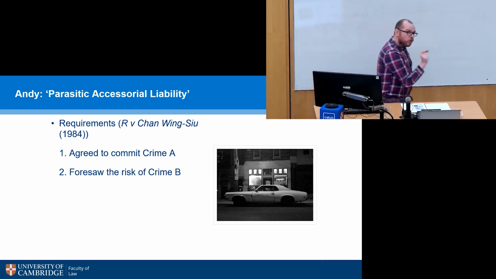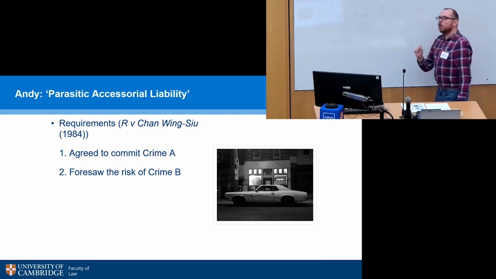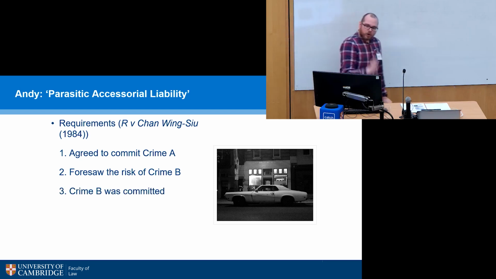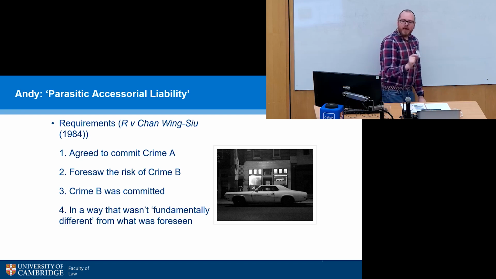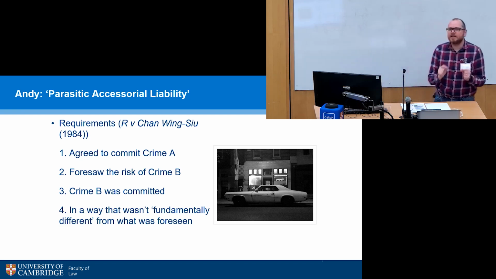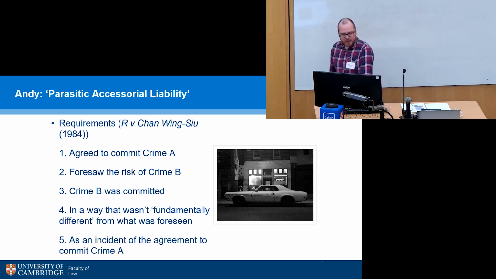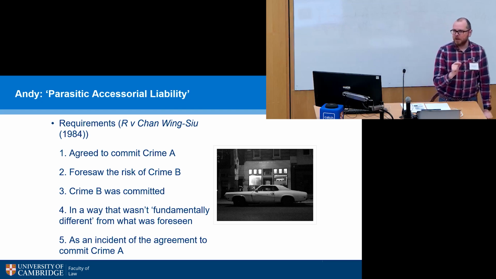Whilst doing so, the person that you are analysing the liability of foresaw the risk of crime B being perpetrated. Crime B was in fact perpetrated in a way that wasn't fundamentally different from what the person we are analysing had foreseen, and as an incident of the agreement to commit crime A.